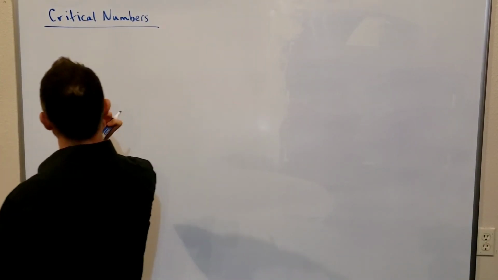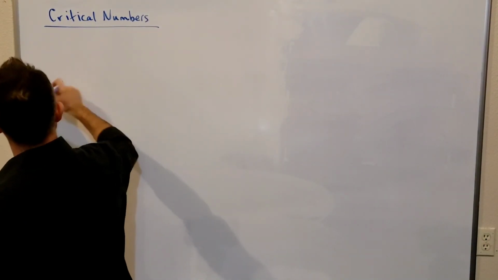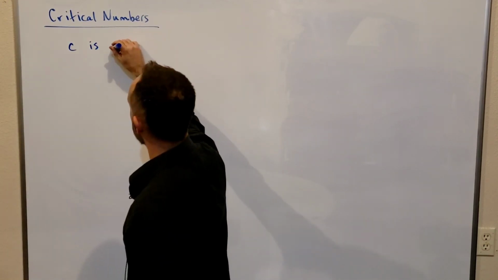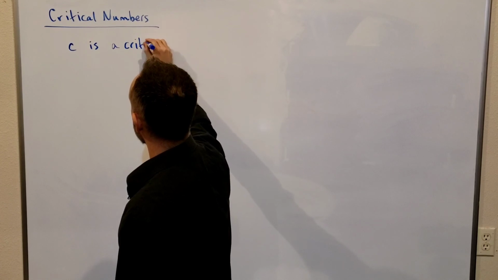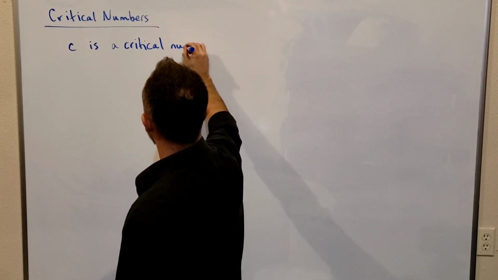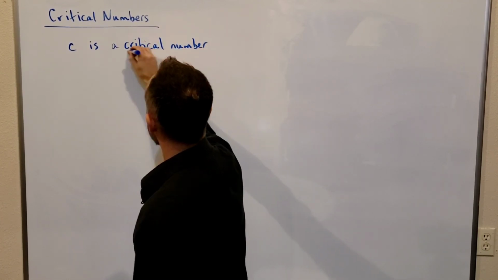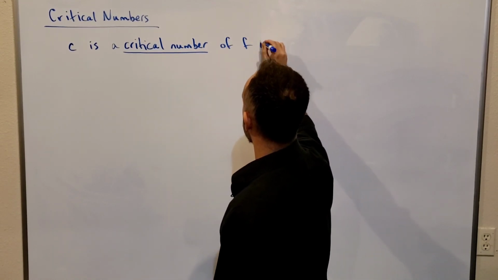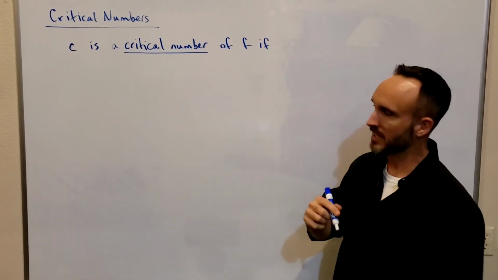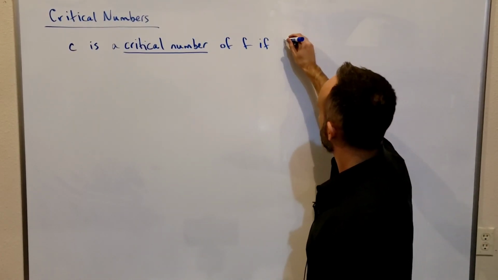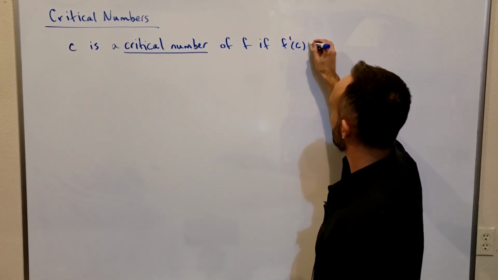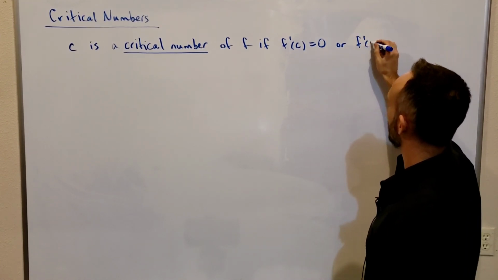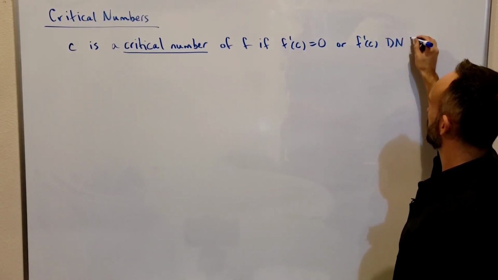So let's start with a critical number. Let's call it C. C is a critical number of the function f if one of two things happens: if f prime of C equals 0, or f prime of C does not exist.